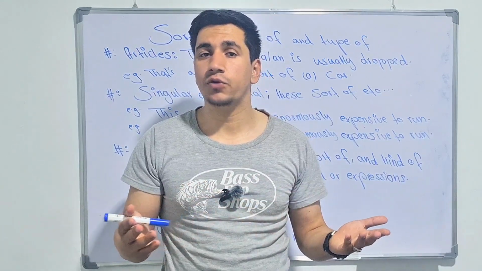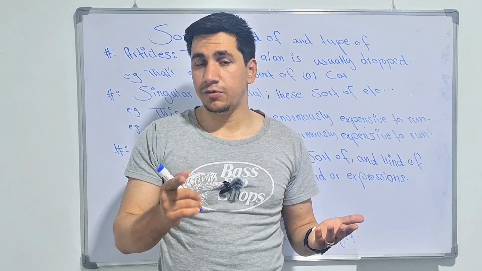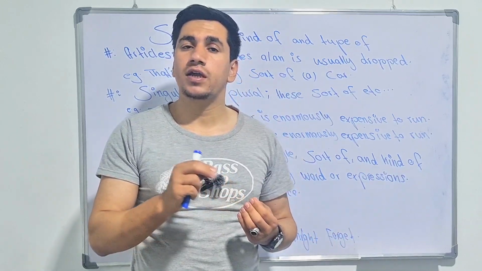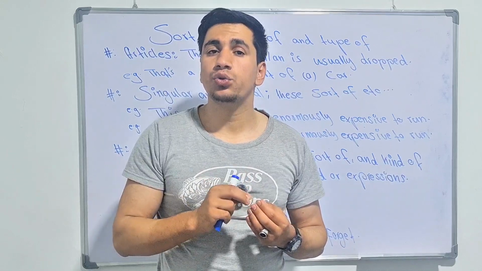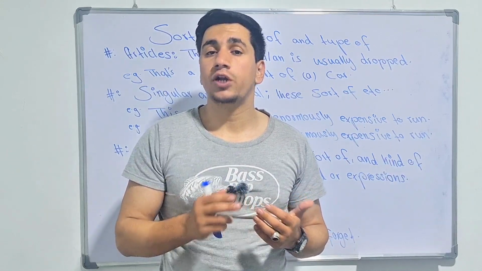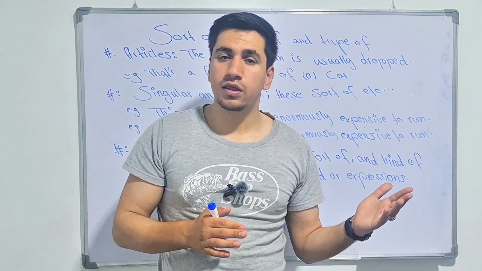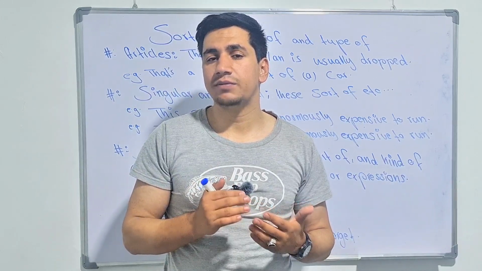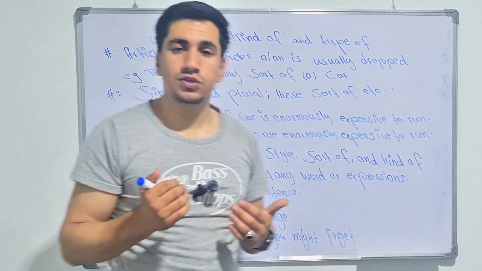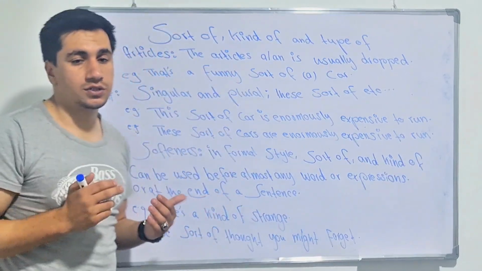One thing I want to tell you: with "type of", "kind of", and "sort of", it is always better to use the singular noun. You can also use the plural noun, but that is going to feel somewhat incorrect.